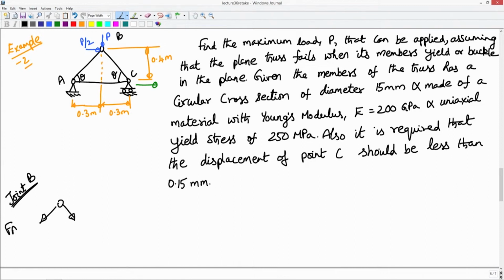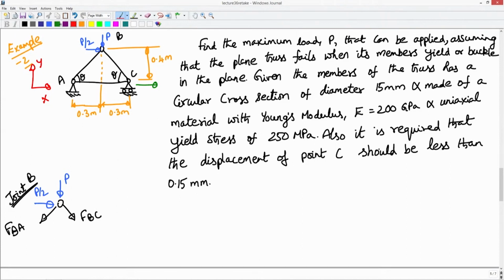So, this will be F BA and this will be F BC. And I have a load P acting vertically downward, P by 2 acting like that. Let me assume a coordinate system to be x and y, oriented like that.